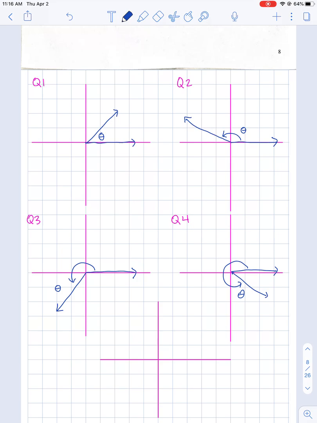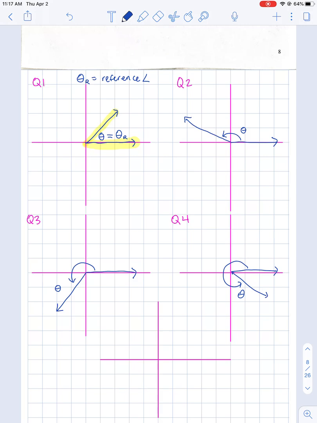So now I'm going to highlight all my reference angles, but a reference angle is defined as the angle formed by the terminal side and the x-axis closest to the terminal side. So in this case, what I highlighted was the original angle. To find the reference angle, which I'm going to call theta subscript r, for this one, it happens to be the same as the original.